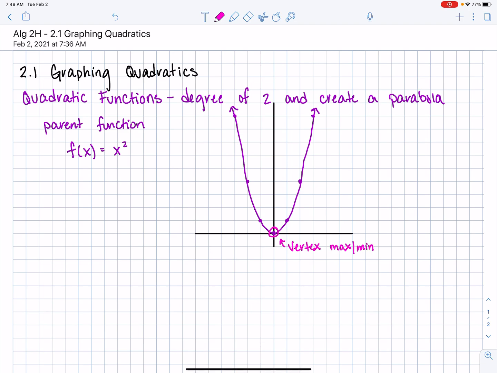And then we also have this line that goes right through your vertex, and it folds this parabola in half. It makes it symmetric. It happens to be the y-axis here, and that is our axis or line of symmetry, right? Everything that happens on one side also happens on the other.